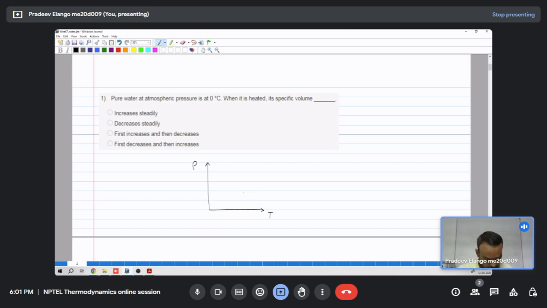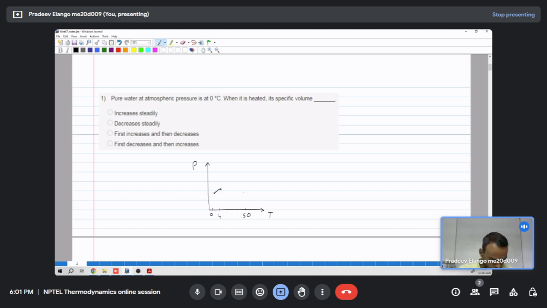If you plot the density against temperature, say this is 0 degree Celsius and this is 4 and this is 50 degree Celsius, the density becomes maximum at 4 degrees Celsius. Even at 0 degrees Celsius it is lower.